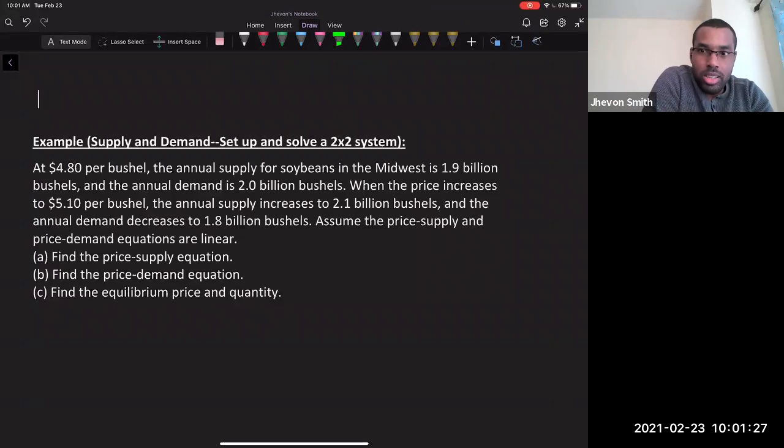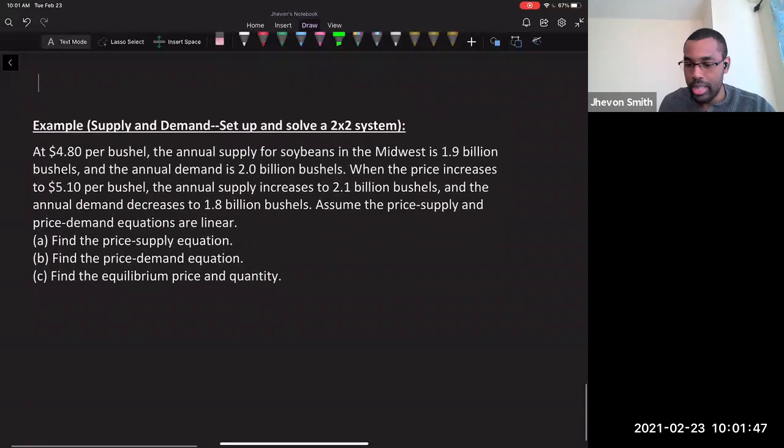This is called the law of supply and demand. You can see that here: supply goes up when the price goes up, demand goes down when the price goes up. And we are going to figure out what these equations are and what the equilibrium price and quantity are. So let's actually do that.